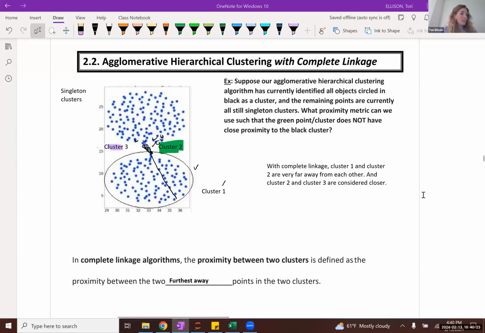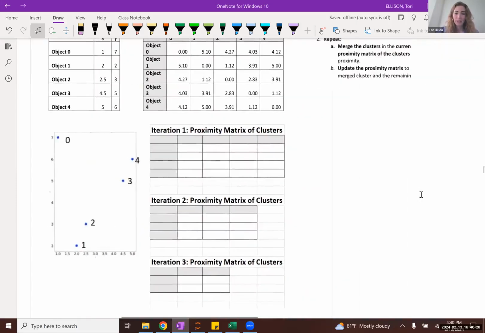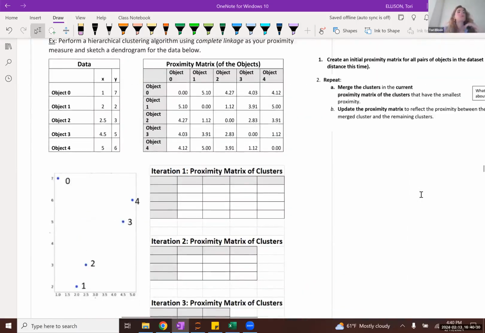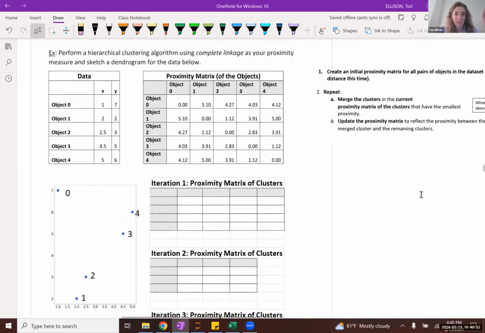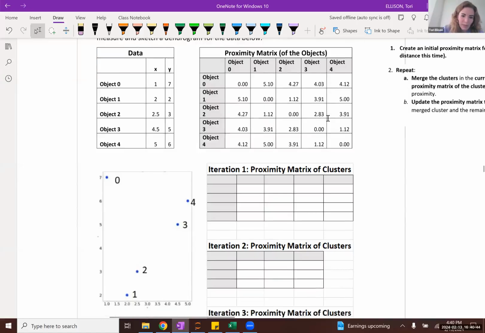All right, so let's go through this same analysis again, clustering this data set, but now using complete linkage to measure the distance between two clusters. We start again by creating our proximity matrix of all observations in the data set, which also represents the initial proximity between all singleton clusters.